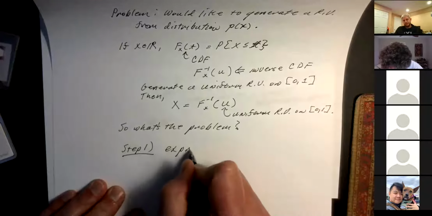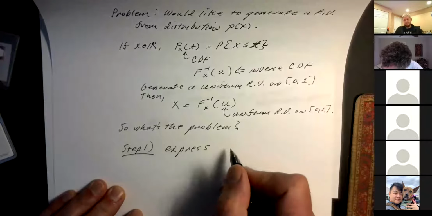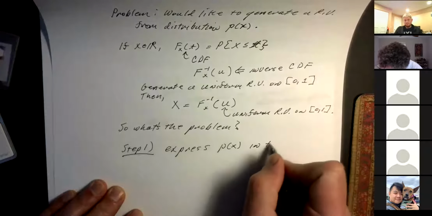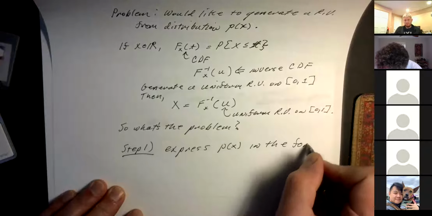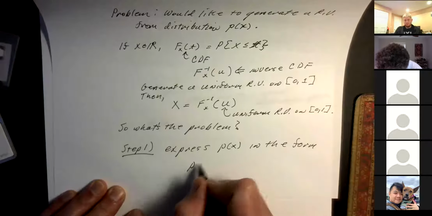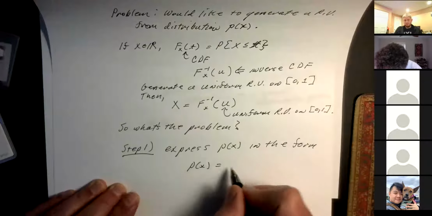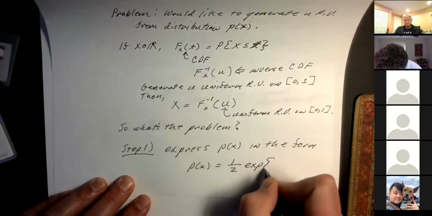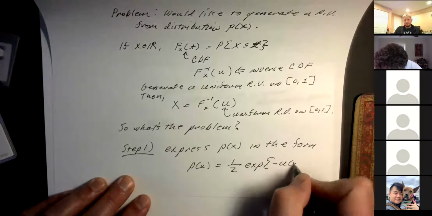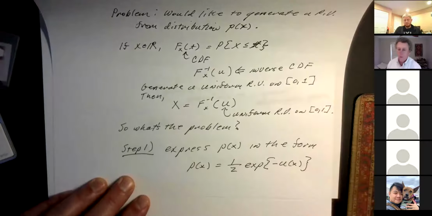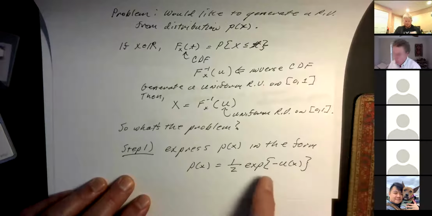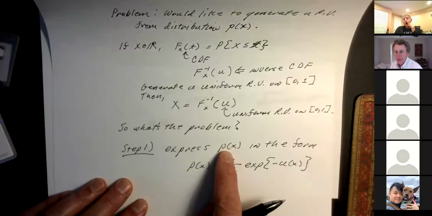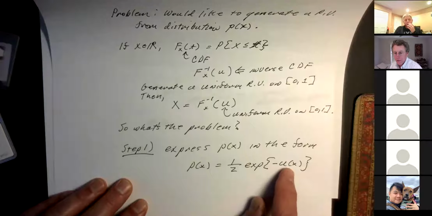What you have to do here is, step 1, express P of X in the form P of X equals, say, 1 over Z exponential of minus U of X. Can you always do this? No, you can't do it if P has probabilities that occur with probability 0.